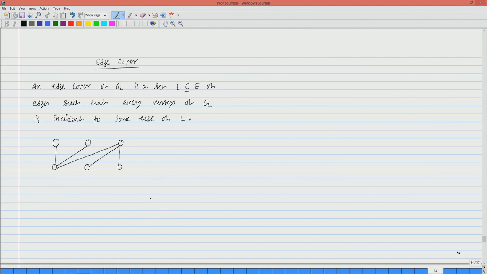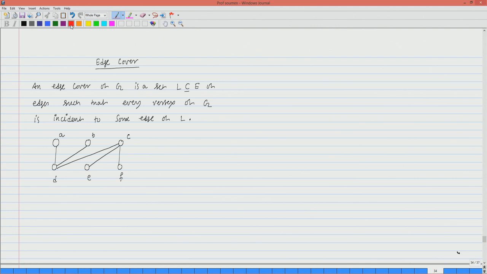I want to find a set of edges that covers all the vertices of the graph.